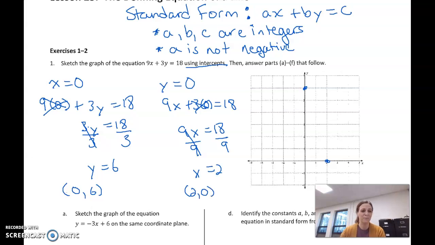So it really doesn't matter. Then we'll draw a line through them. Okay, and remember, that line represents all the possible pairings of x and y values that make this equation a true statement.